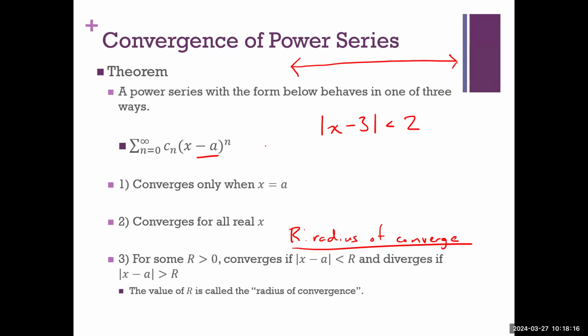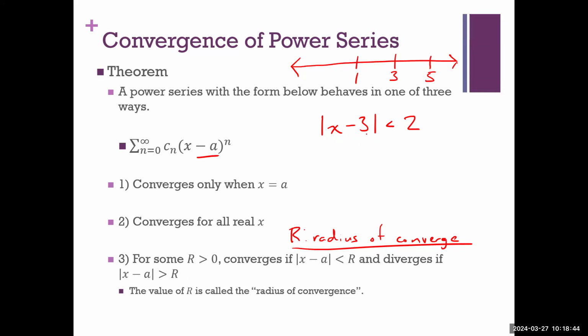I don't care about what direction it is, just how far away it is from 0. But if I have absolute value of X minus 3, then I care about how far away I am from 3. How far away am I allowed to be from 3? Up to two places, right? So basically I can be between 1 and 5.